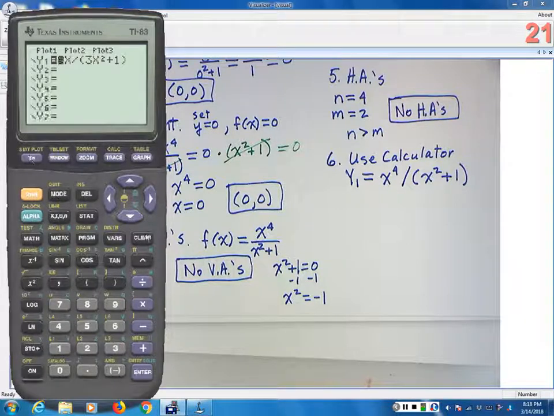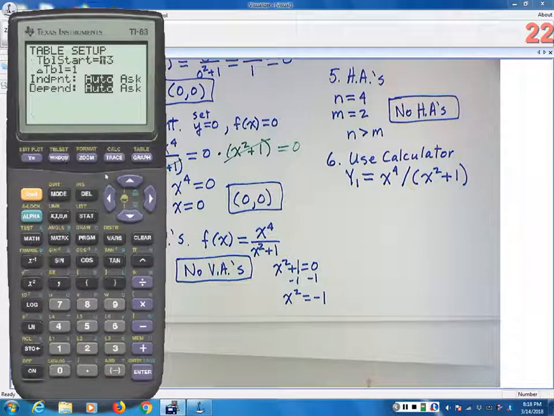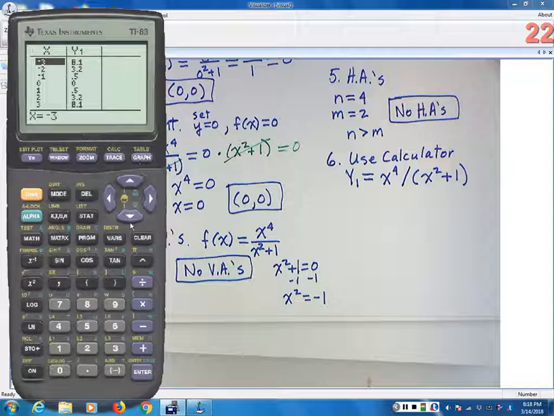Y equals, clear it out, x caret 4 divided by parentheses x squared plus 1. Okay, second table. We're going to use the table feature and find some points.